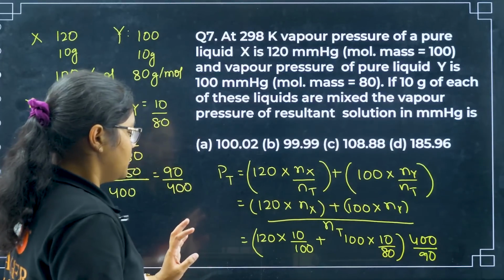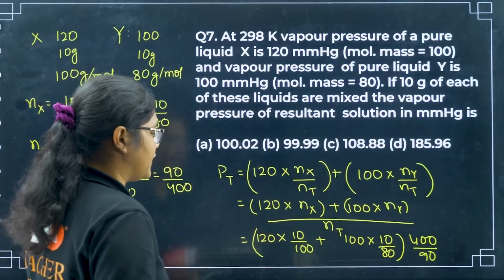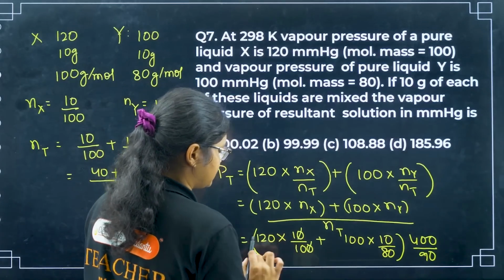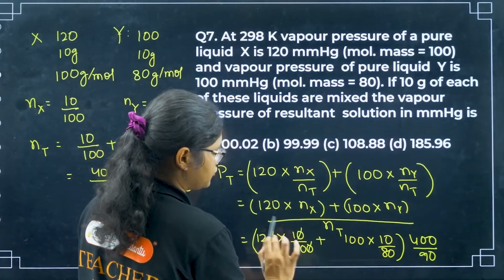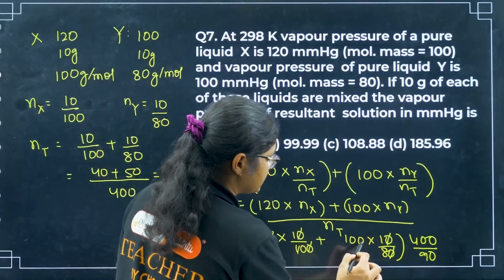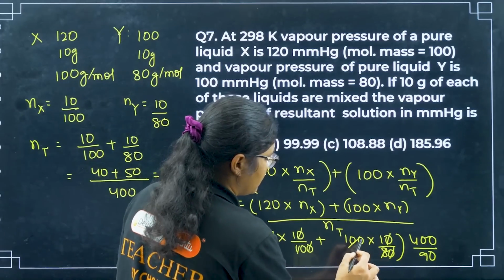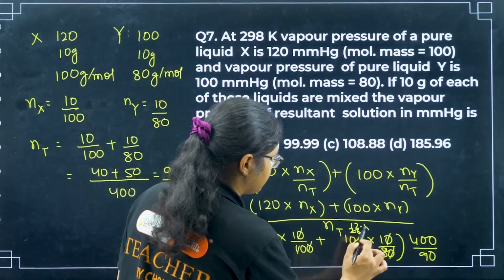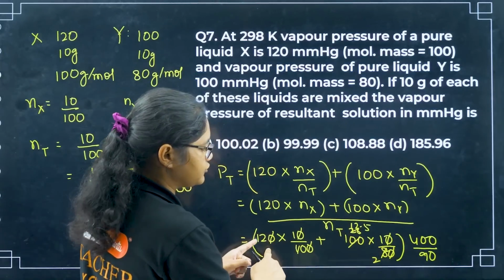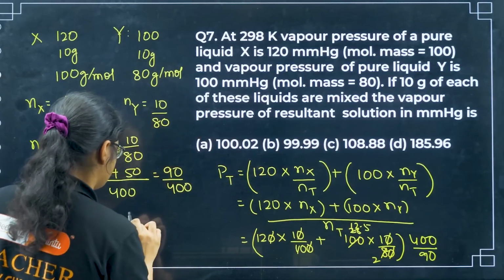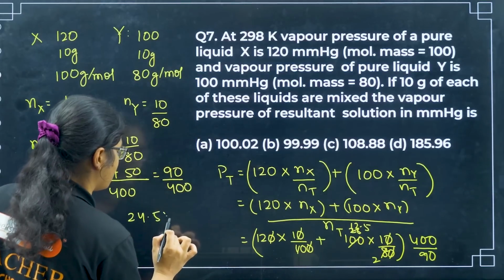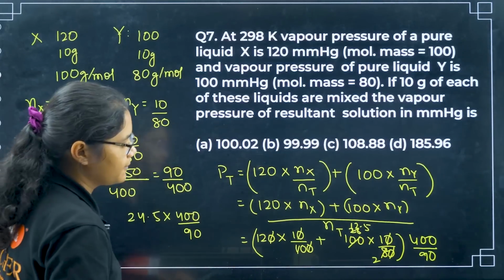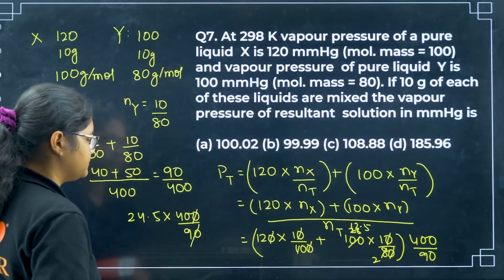Now we have to do the calculation. I can solve it like this. This one cancels, this is 12. And this one cancels, then 4 2s are 8, 12.5. So 12.5 plus 12, that is 24.5. 24.5 into 400 by 90. I can cancel this one.